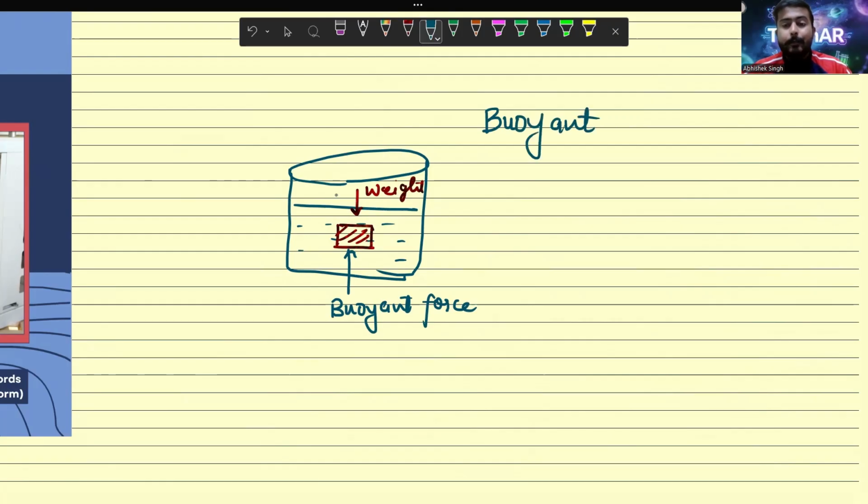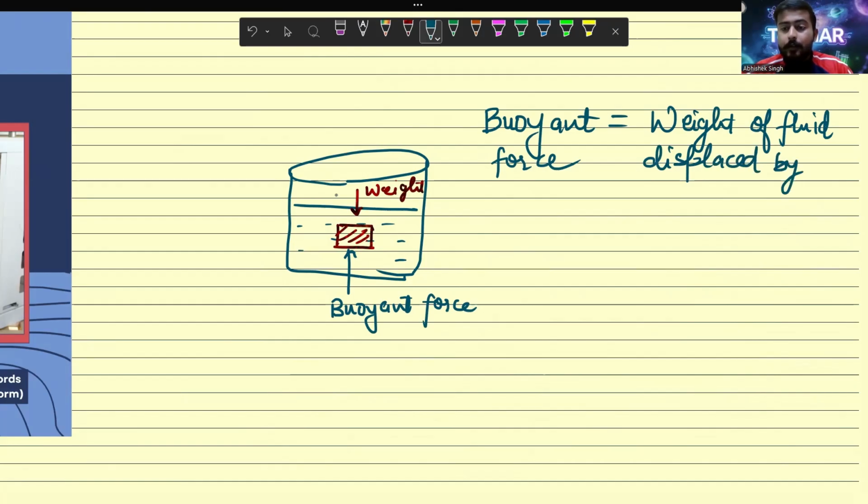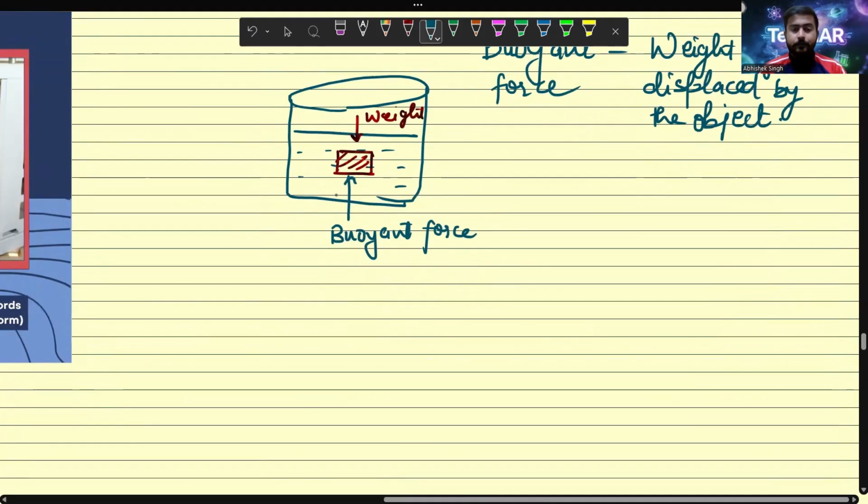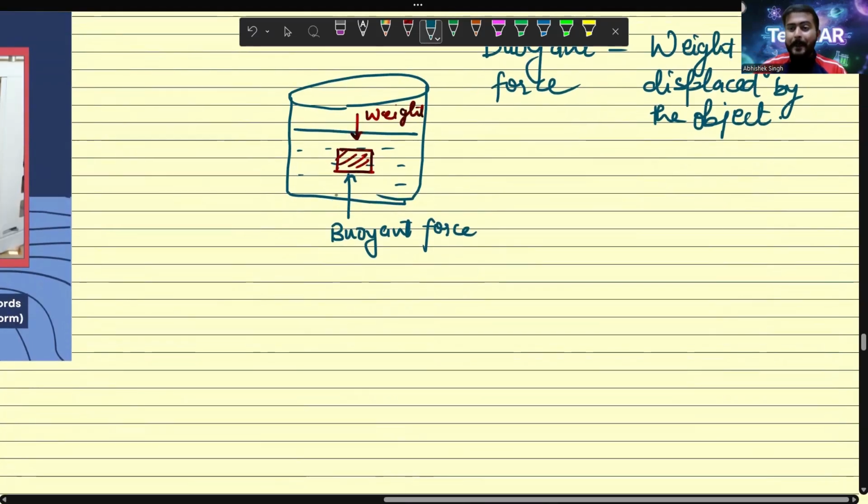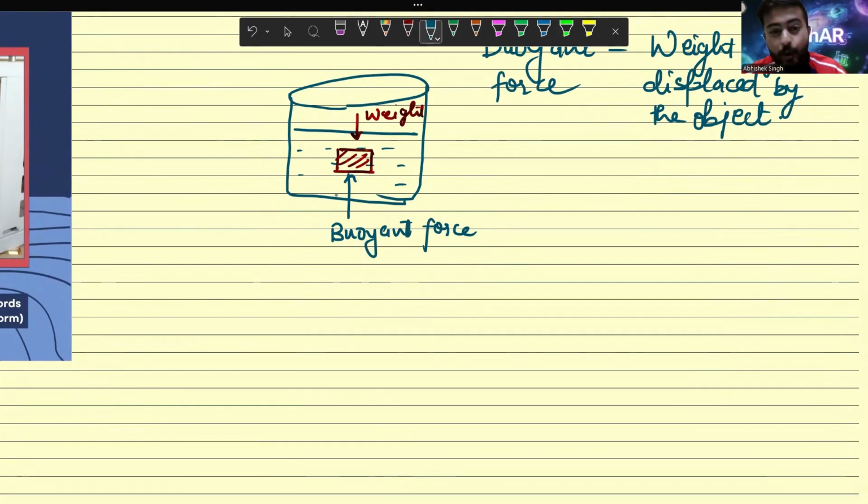So he said that the buoyant force is equal to the weight of fluid displaced by the object. Now, this is a very conceptual term. What does it actually say? You might have heard a very old story about a thirsty crow.